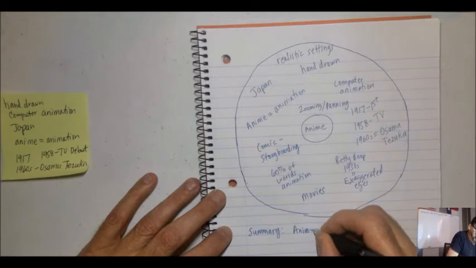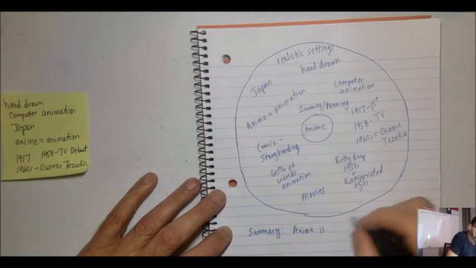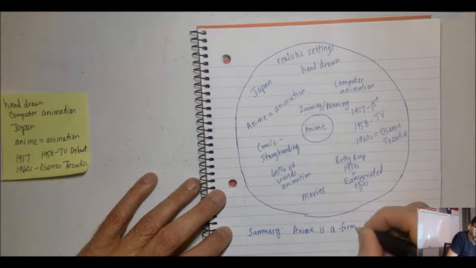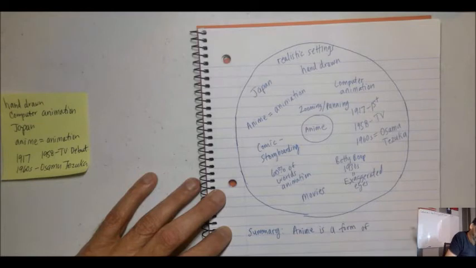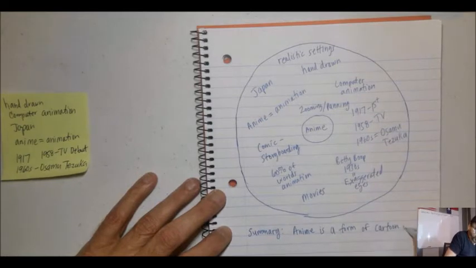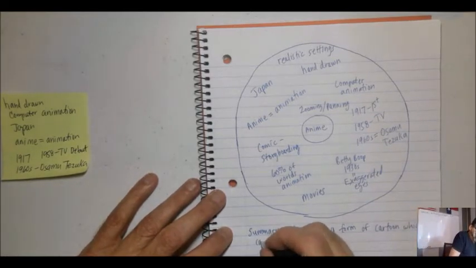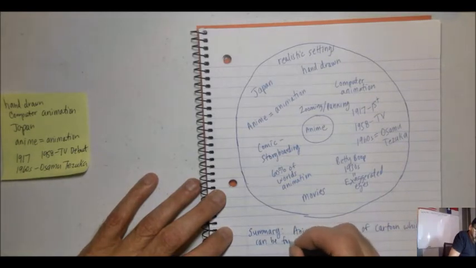Okay, so you can say anime is a form of cartoon which can be found where?